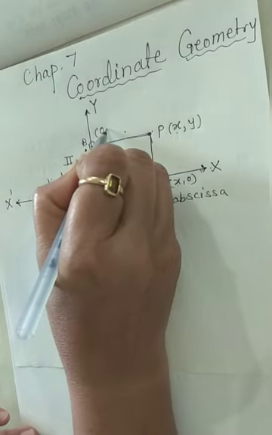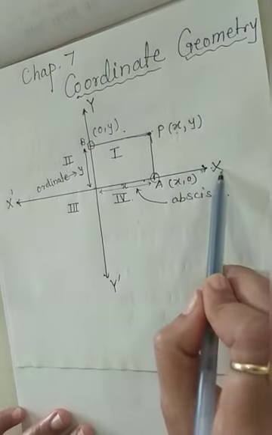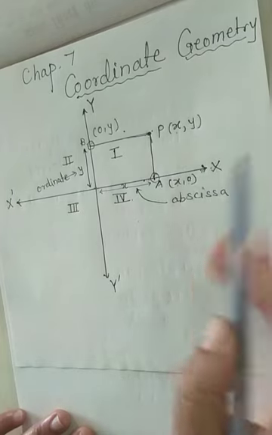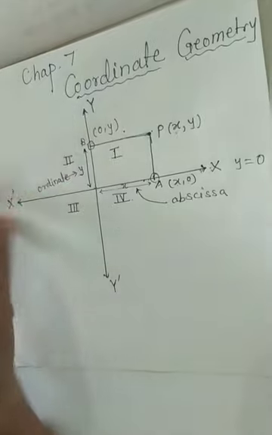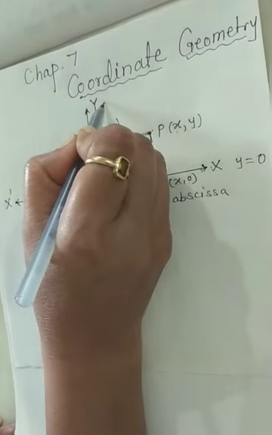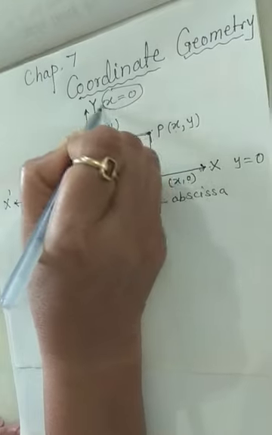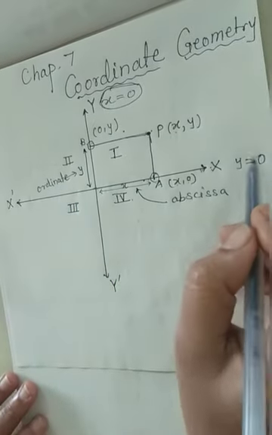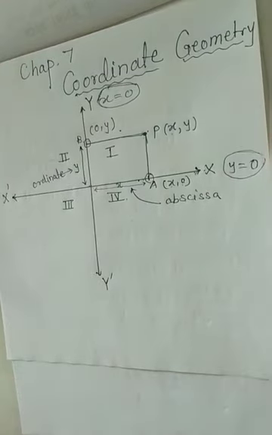So its coordinates are (0, y). That means the equation of the x-axis is y equal to 0, and the equation of the y-axis is x equal to 0. So this is the equation of the y-axis and this is the equation of the x-axis.